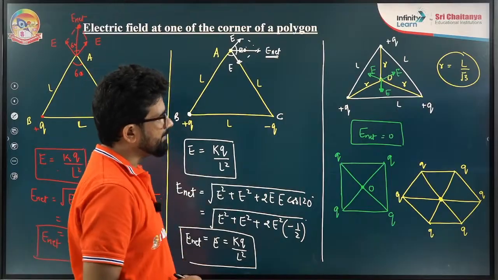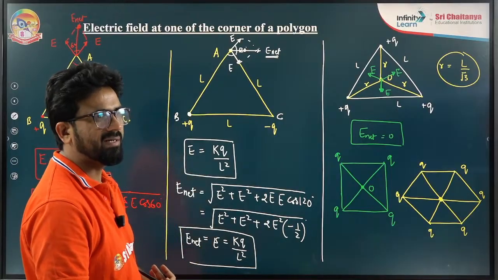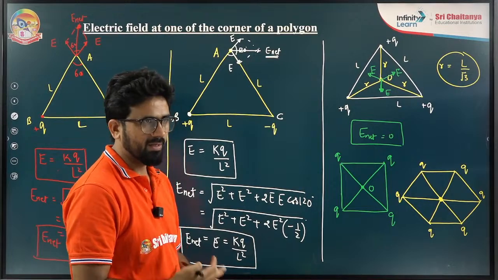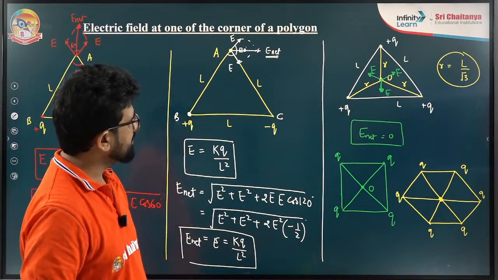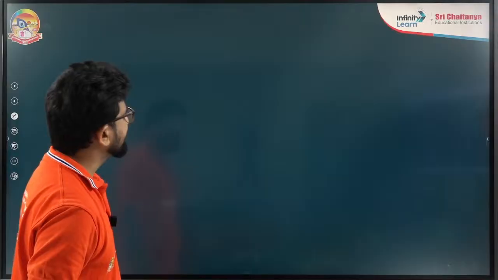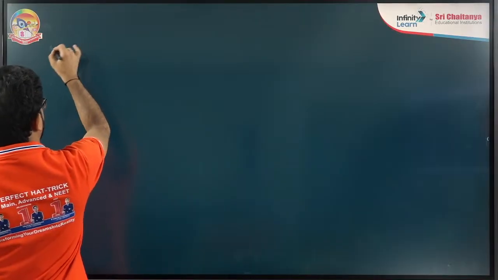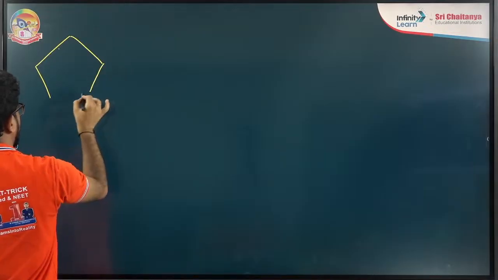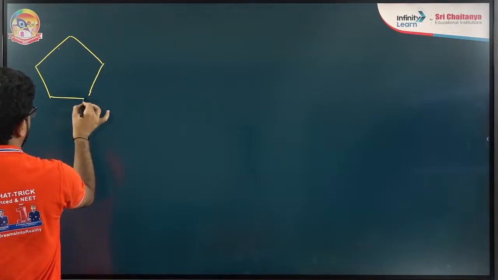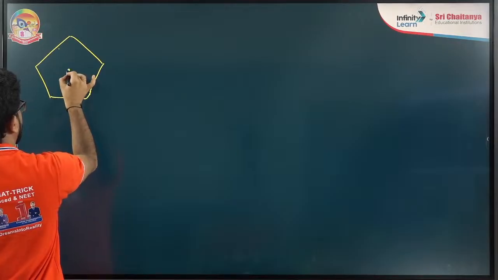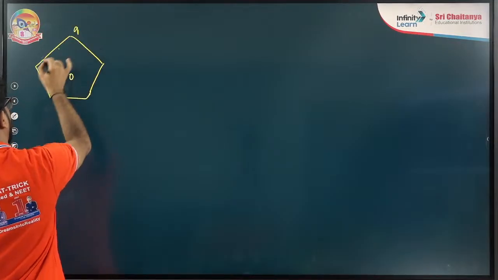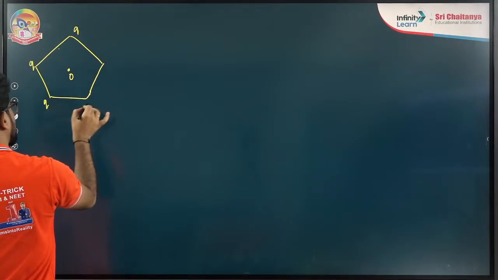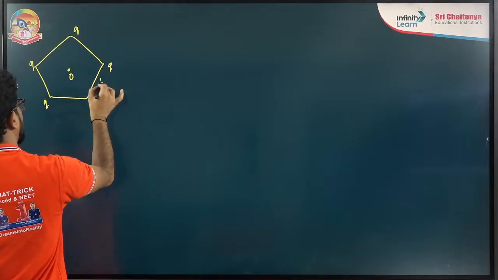Now the basic thing I am just telling you is how to calculate the field. There will be 0 here. There is no problem about it. But if I say here another question, there is a pentagon, then also the answer would be 0. If the pentagon is there, please understand the concept. If I am talking about the center, these charges are all Q, and all sides are also equal.